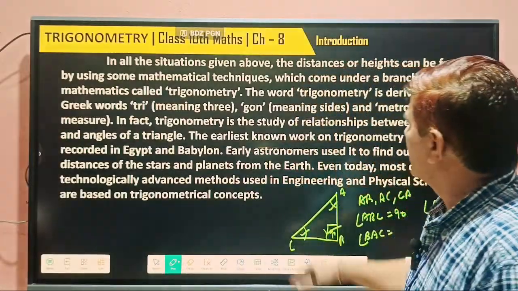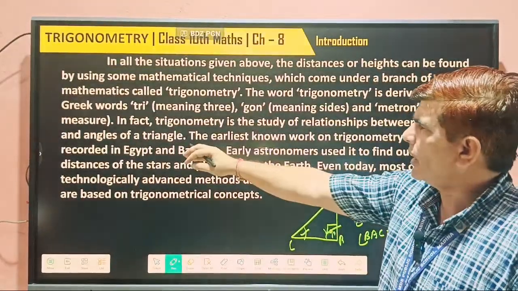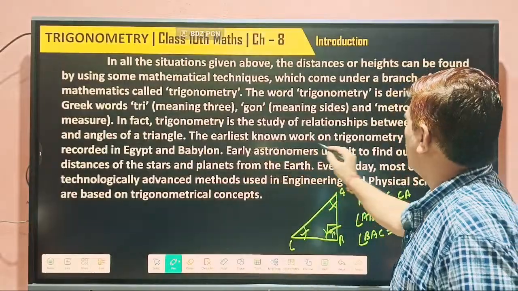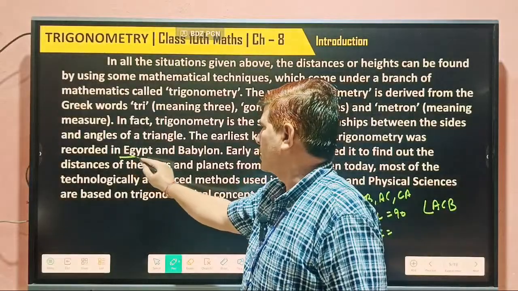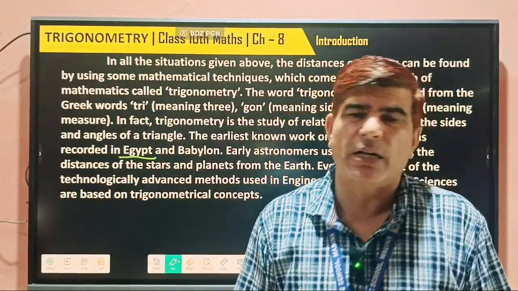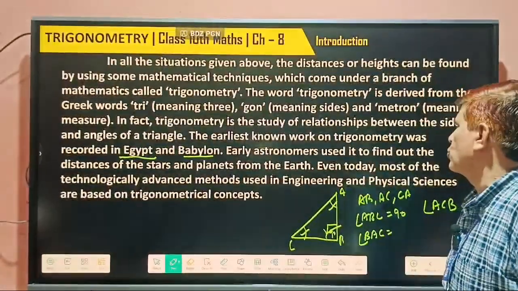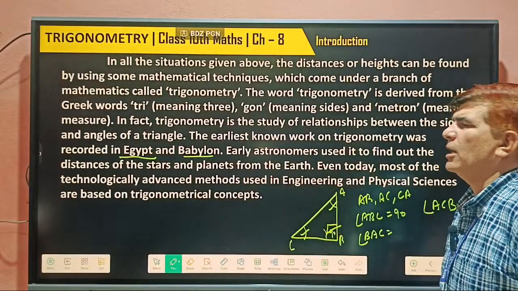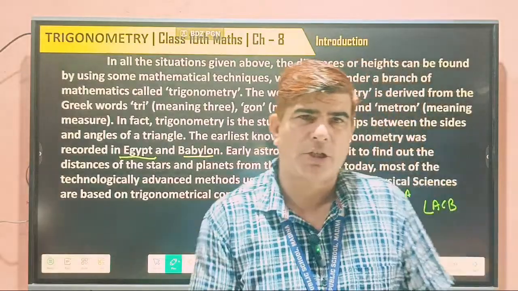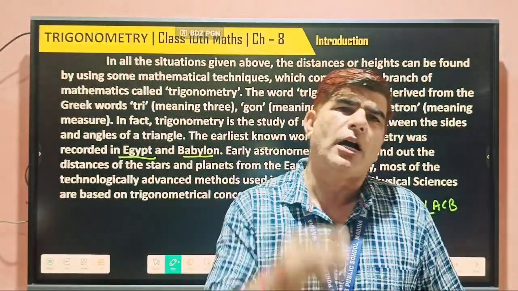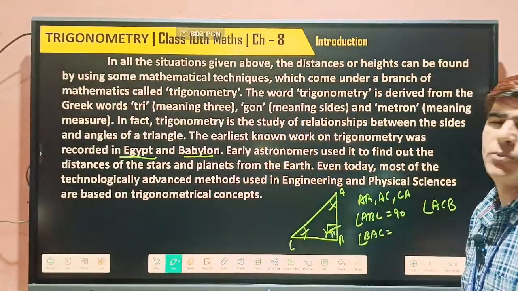So it is written here, trigonometry is the study of the relationship between the sides and the angles of a triangle. The earliest known work on trigonometry was recorded in Egypt and Babylon. Early astronomers used to find out the distance of the stars, the height of stars and planets from the earth.